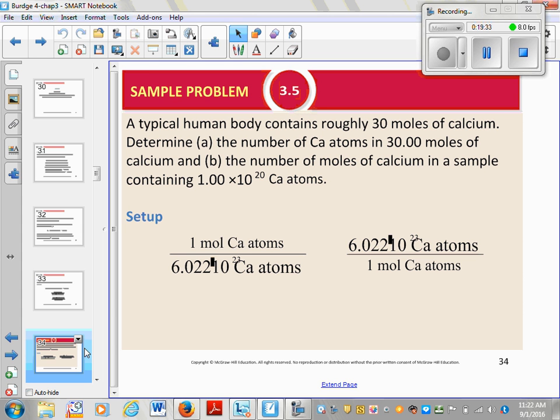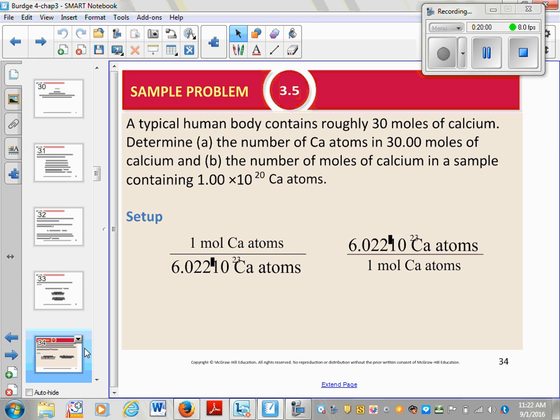And we want to find out the moles. So here, we're going to have the atoms on the bottom and the moles on the top of the conversion factor. So 1 mole, again, is 6.022 times 10 to the 23rd atoms. So it's whatever that comes out to be.